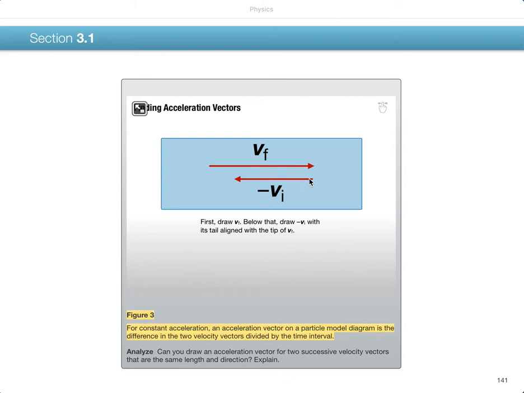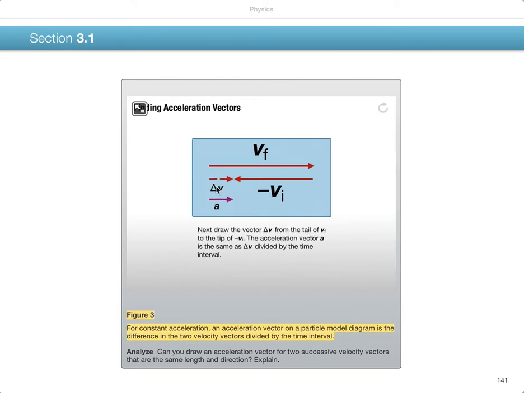Remember, a minus vector is the same length vector turned in the opposite direction. We're going to subtract them, so we line them up head to tail, and the resultant, or the difference between v final and v initial, is drawn from the tail of the first to the head of the last. Sure enough, there's delta v. Delta v divided by the time interval is acceleration. So in this case, the direction of acceleration points to the right.